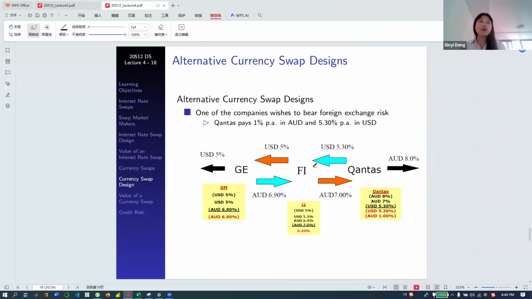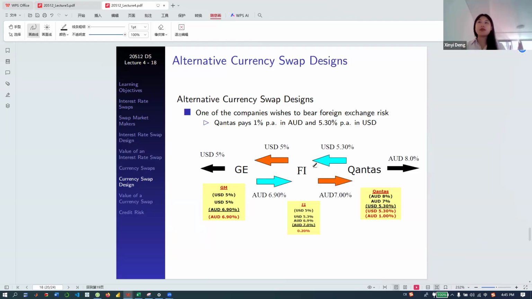But one cautionary note is that now, since we don't have netting anymore, remember that for the interest rate swap, we do have netting. So any alternative swap designs should be fine as long as they have the same netting results, then the outcome should be pretty much all the same.